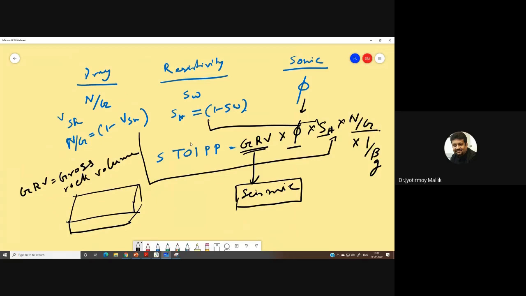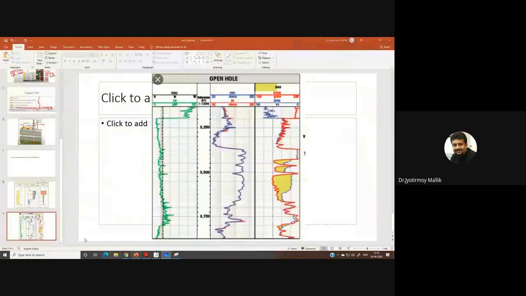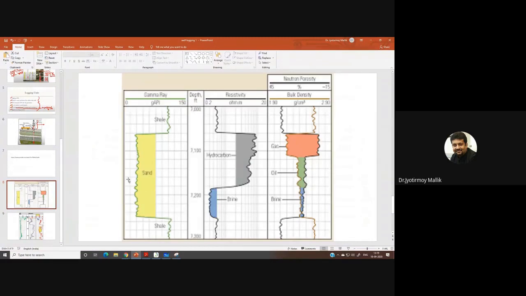Now, the final kind of curve I want to show you today is actually a combination of two curves. One we call the neutron porosity, and the other one we call the density.